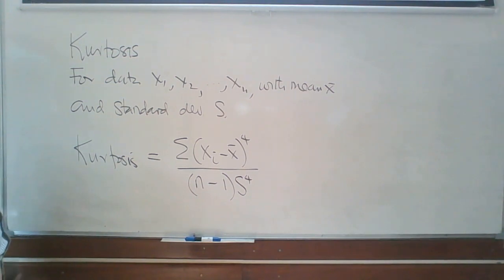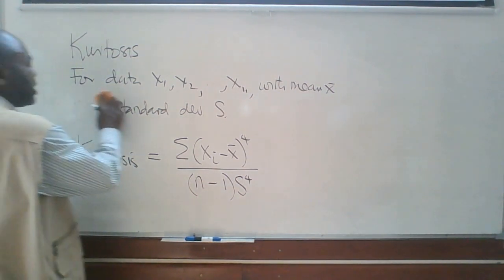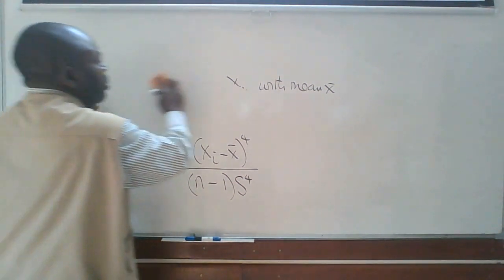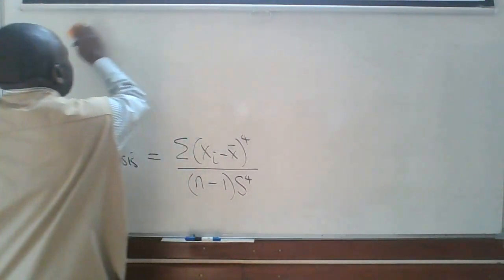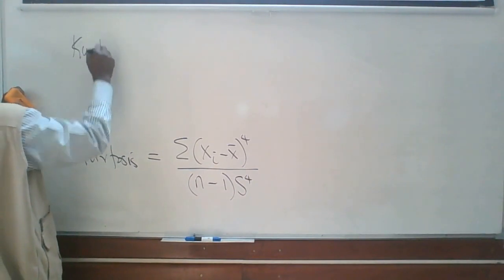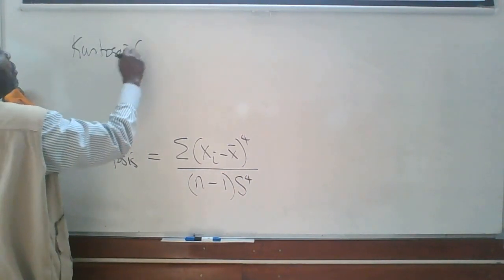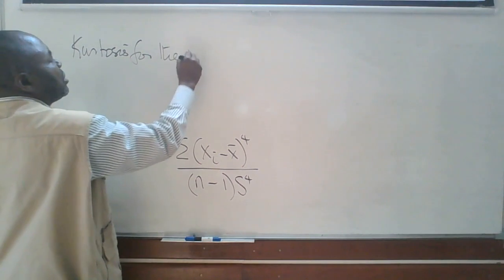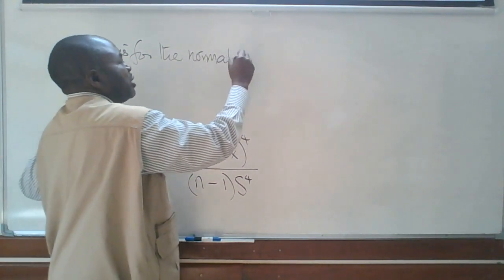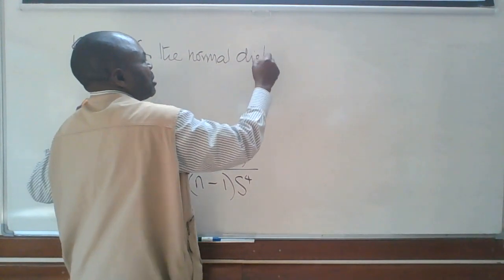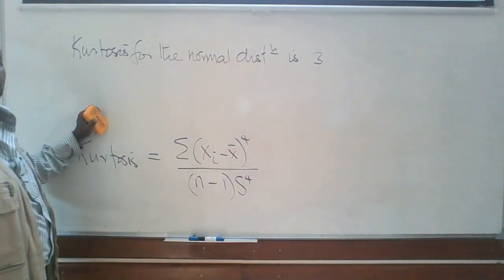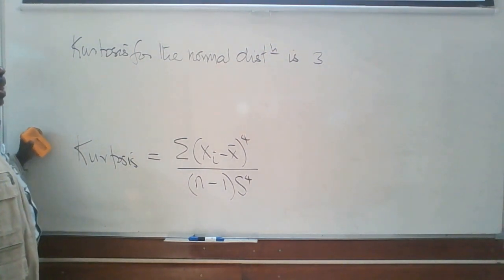Now, having defined this, we know there's an important distribution called the normal distribution, which we're going to talk about later. Kurtosis for the normal distribution is 3.